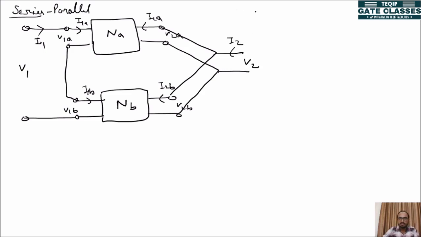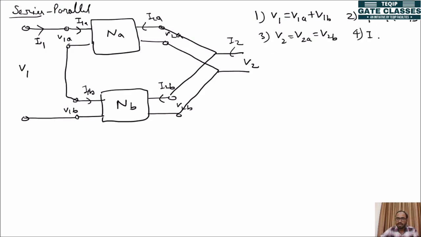Here you can write the conditions: V1 is equal to V1A plus V1B. Second, I1 is equal to I1A and that is also equal to I1B. Third, V2 is equal to V2A is equal to V2B because these two networks are parallel here. And fourth, I2 is equal to I2A plus I2B.